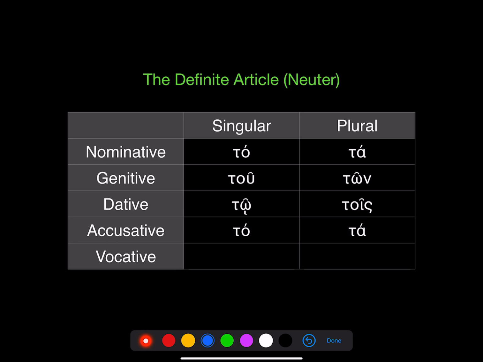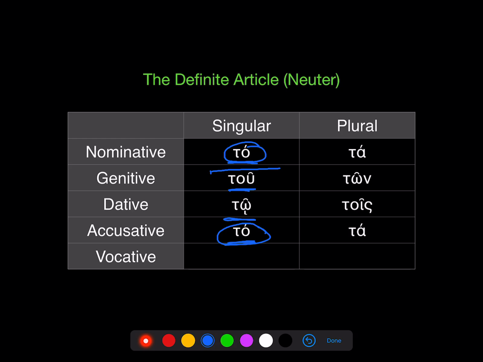Now let's look at the neuter definite article. So the masculine and feminine definite article, you remember there was no tau at the beginning of the nominative, singular and plural. But for the neuter, there is. It's to, tou, toi, ta. So again, the nominative and accusative look just like each other.